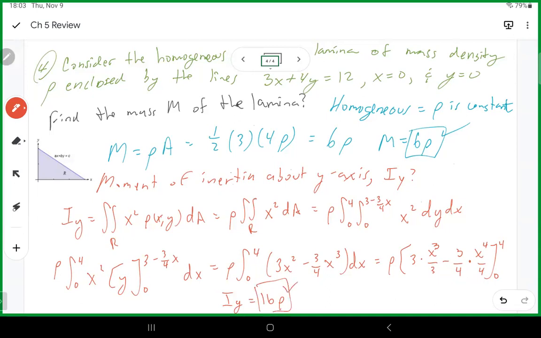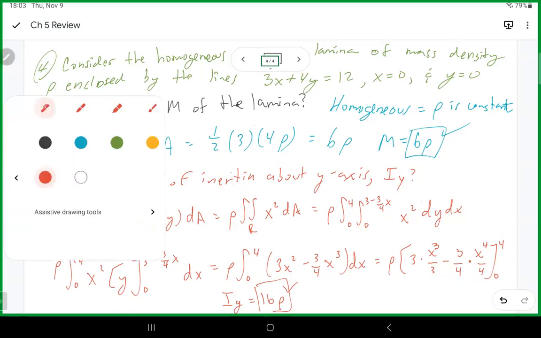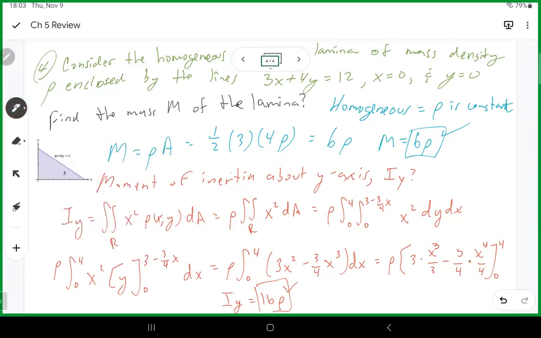Okay, so actually the third one is a little bit shorter, so I'm just going to squeeze it in. The last question asked to find the radius of gyration of the mass about the y-axis.